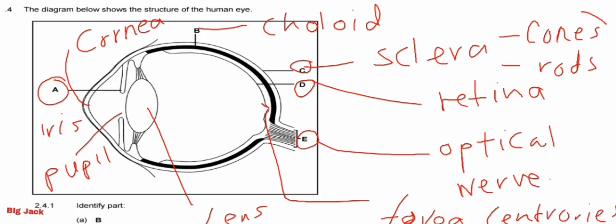Usually the cones are used for the identification of colors in bright light. As for the rods, these are used when you are in a room where there is low light intensity. Rods form a blurred image, meaning you're not going to see the color, while cones specifically identify the color.